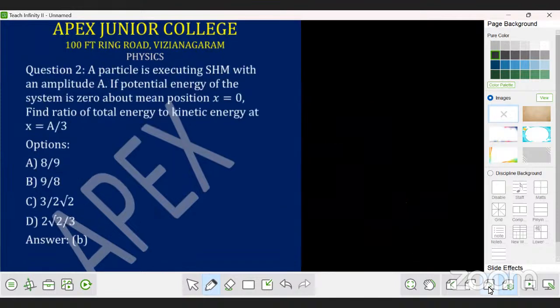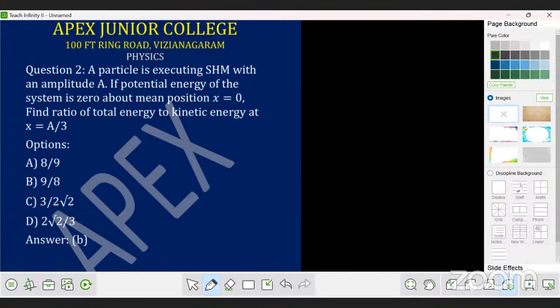Now see the second question and read that. It is given from simple harmonic motion.